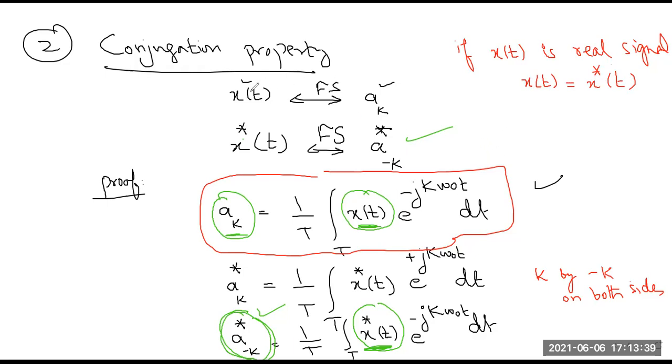Now, based on this property, what is the Fourier coefficient of this signal? The Fourier coefficient of x of t is a sub k. And what is the Fourier coefficient of x conjugate t? It is a conjugate minus k.